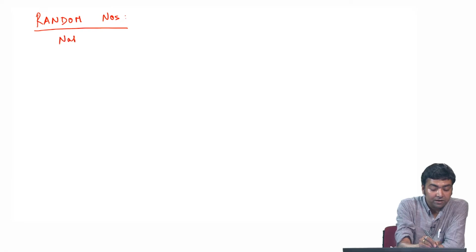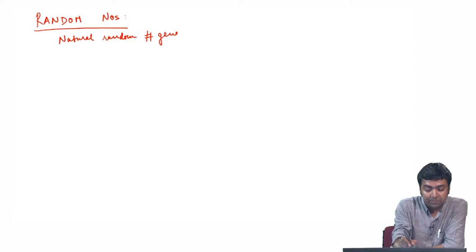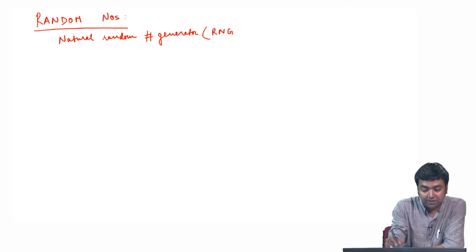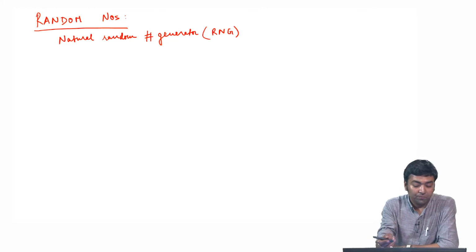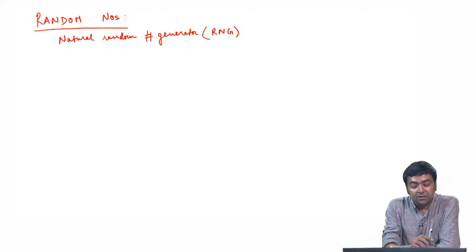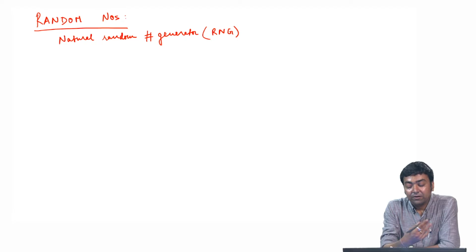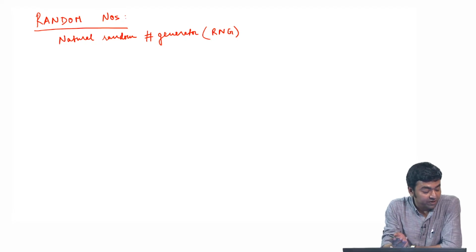One is the natural random number generator, which I am calling RNG, a short form for random number generator. This type of generator gives you genuine random numbers. That means you can't predict the random numbers a priori, or find any correlation between them.